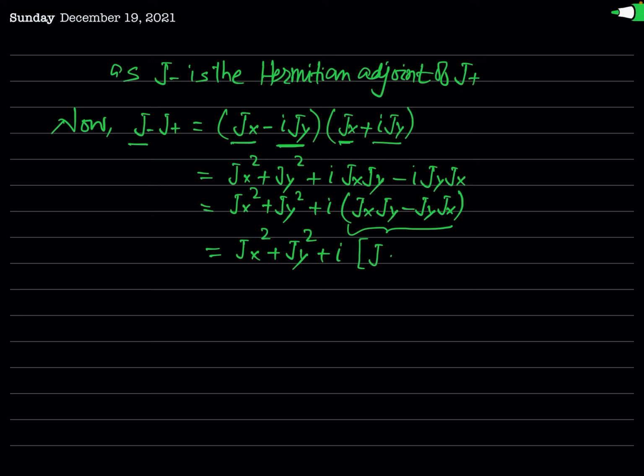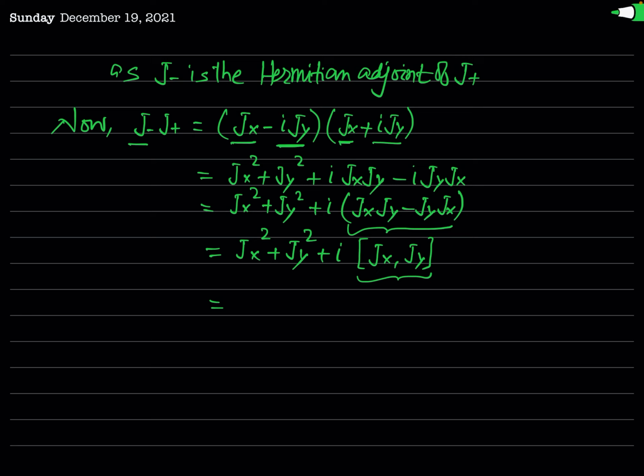But as you know, from the previous lecture, the commutator of Jx and Jy is equal to i h bar Jz.